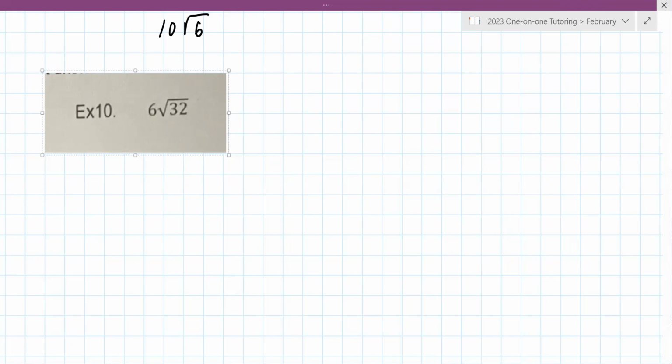We got 4 times square root of 2 for the square root of 32, is that right? Yeah. Okay, so you have to use that 6 and multiply your answer by 6. What would be the final result of that?